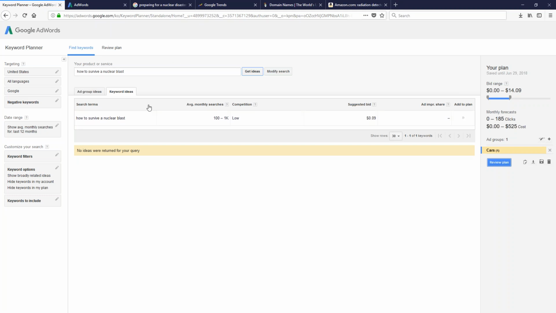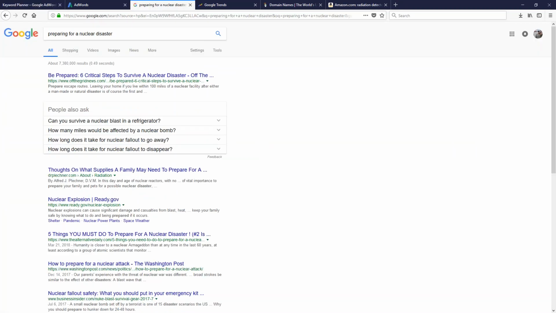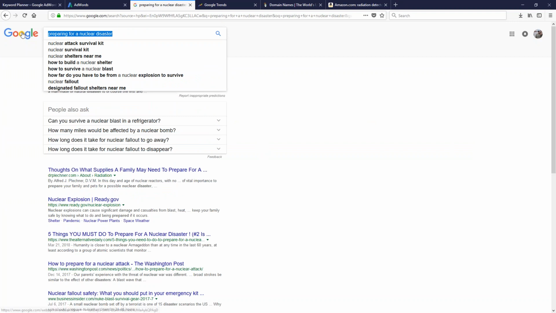Now, the question that this kind of leads us to is, how do I tell the difference between competition on Google AdWords and competition in the actual search rankings?